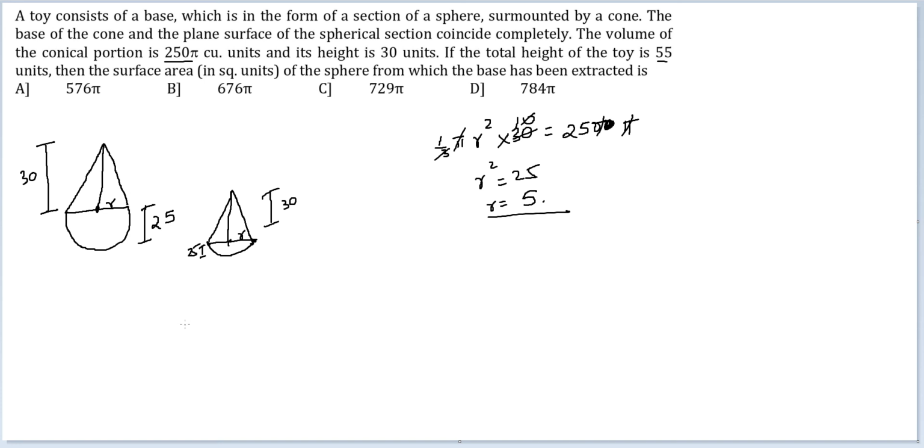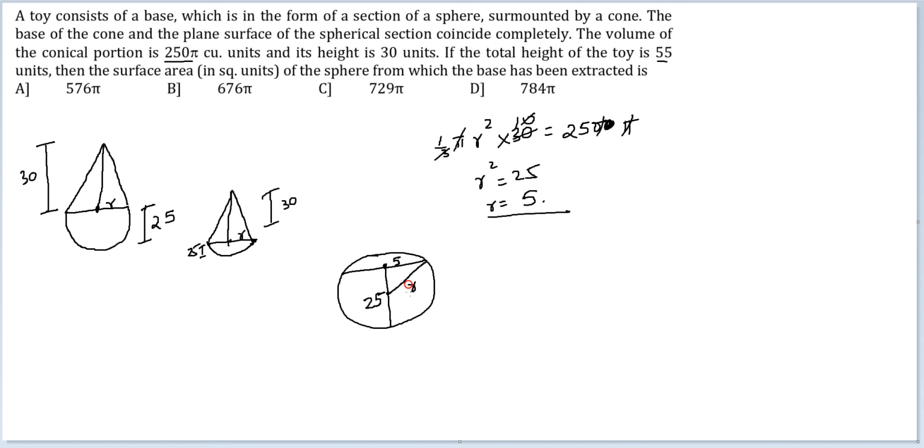Let us work now. From the entire sphere, some section has been cut off, either on top or on the bottom. I don't know. This portion is 5, and this portion is 25. This is the height of the sphere.